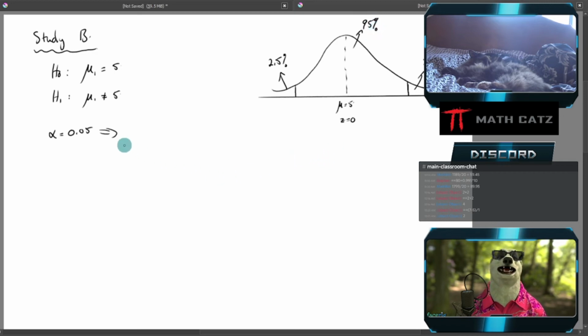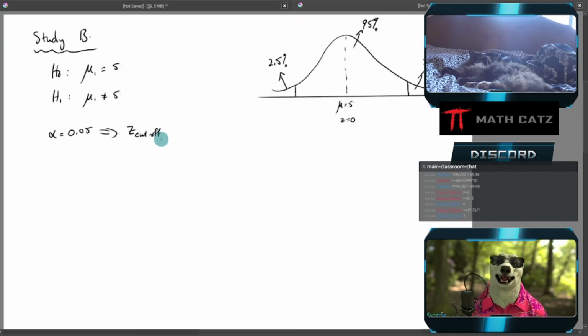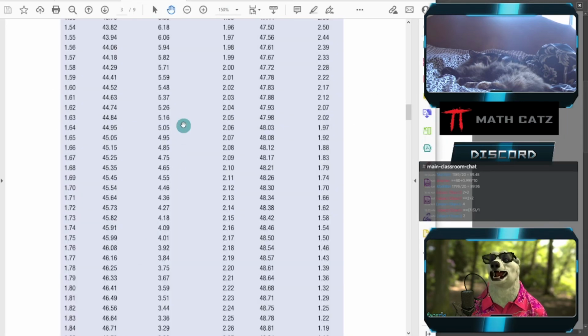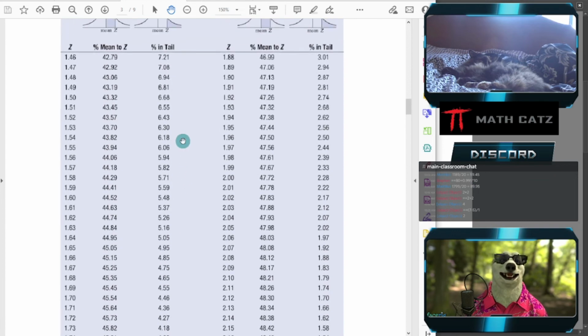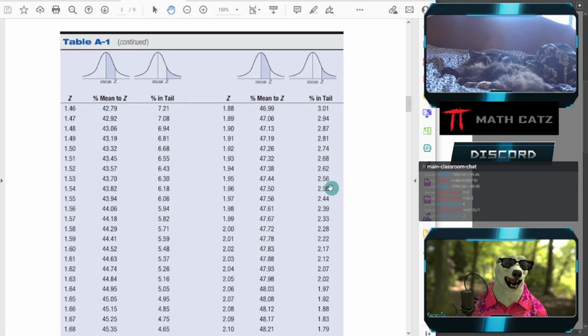So now when I try and find the cutoff z-score, and I'm swapping things around a little bit from what we did previously, do the cutoff first maybe. We look up the z-score that gives us 2.5% in the tail, because it's a two-tailed test this time. So to go to my table, I'm looking for 2.5% in the tail, getting closer here. Oh, this time I got it exactly in the table.